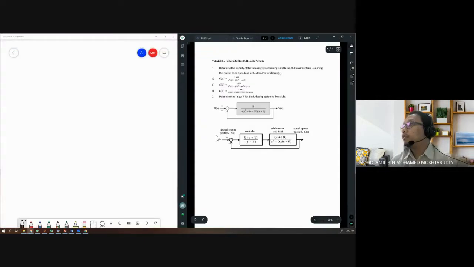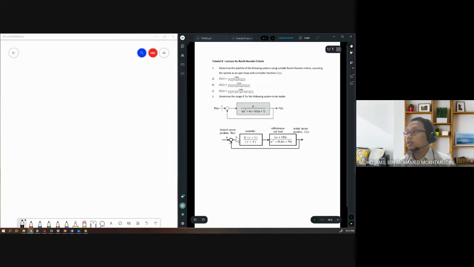Last week we learned about Hurwitz criteria, how to generate the Hurwitz table, and then how to interpret the table to determine the stability of a transfer function. And we also did part of the tutorials, question 1A and question number 2, the first block.